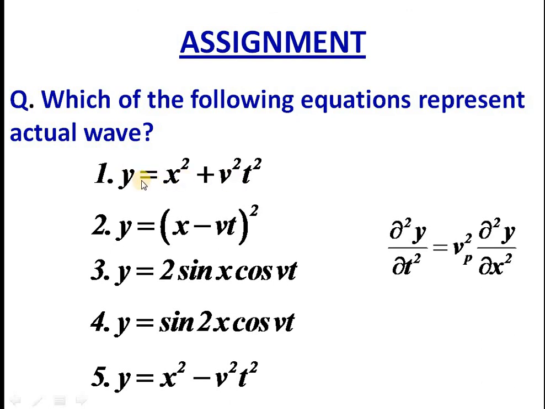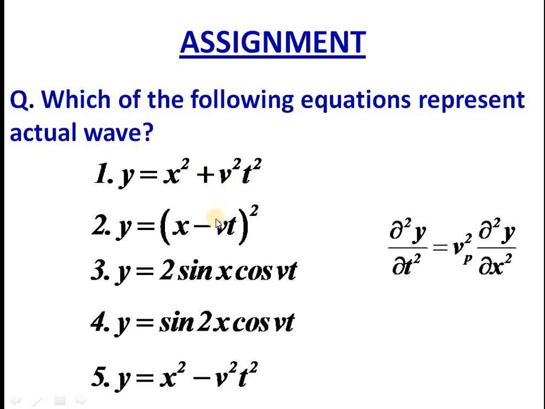You just differentiate with respect to time two times, and differentiate with respect to x two times. And if you are in a position to compare like this, if you can write like this after differentiation, then you can say that the equation represents a wave. And if you are failing to represent like this, then you can say that this does not represent a wave.